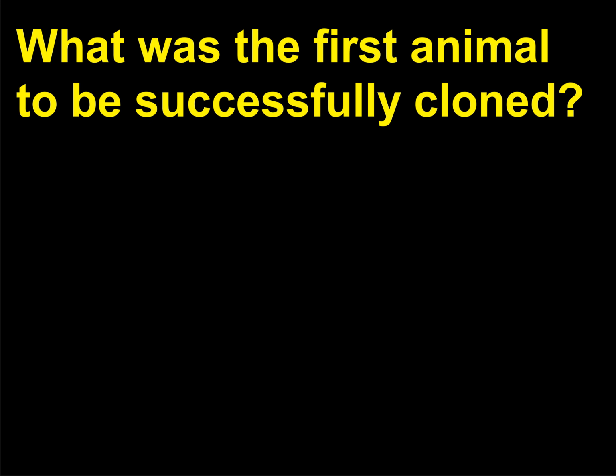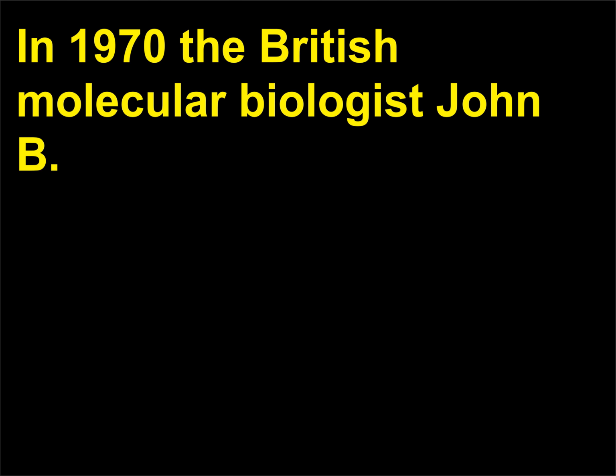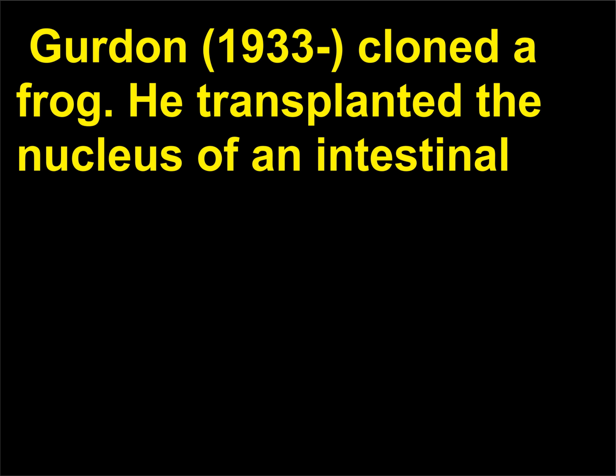What was the first animal to be successfully cloned? In 1970, the British molecular biologist John B. Gordon, 1933, cloned a frog.